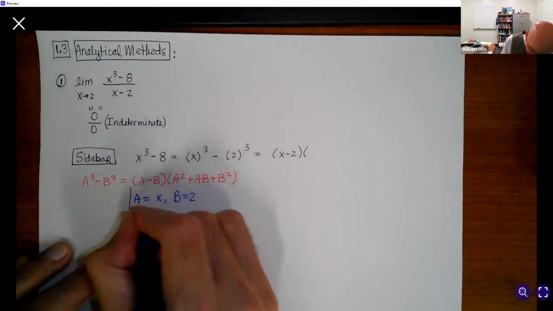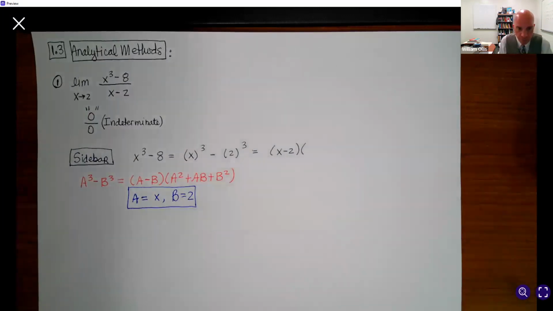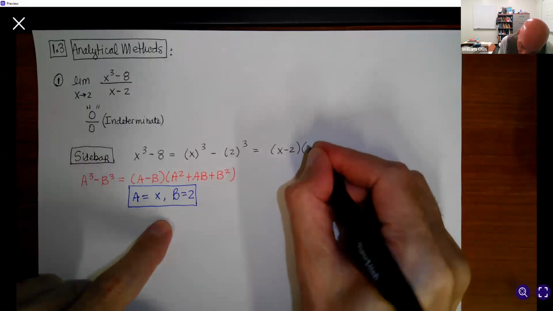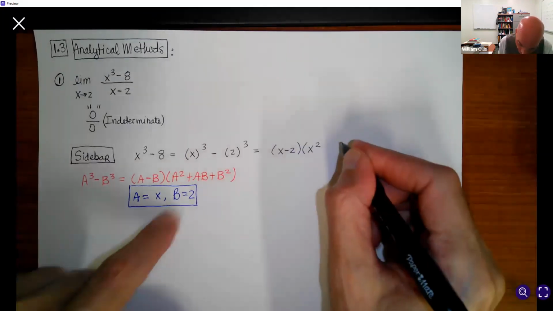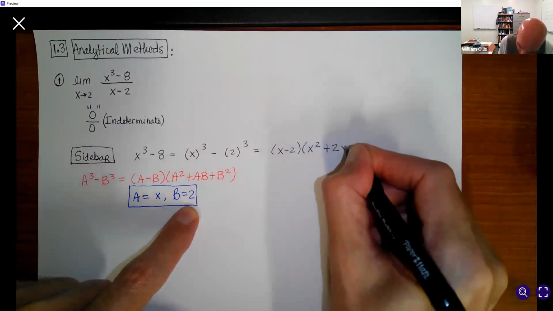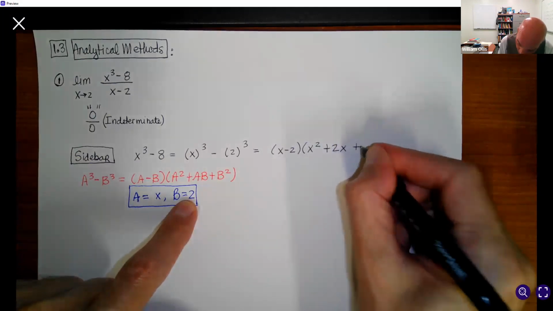That's our game plan right there. Now A squared is x squared, AB is 2 times x, and B squared is just 2 squared, which is 4.